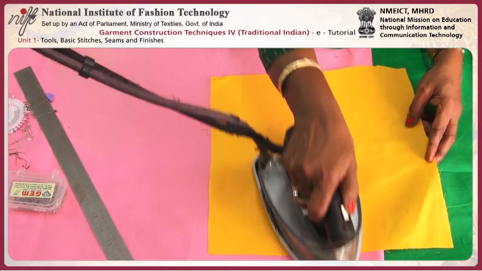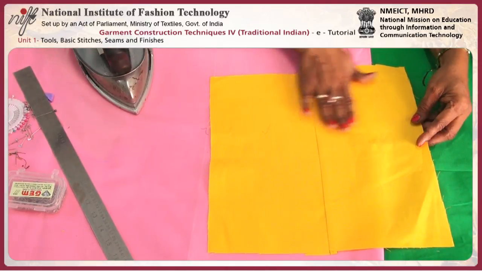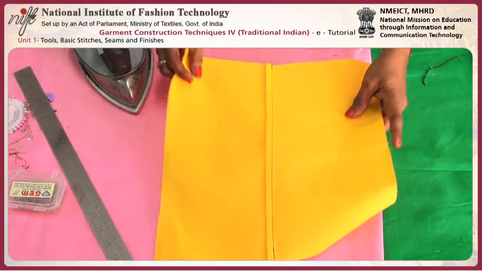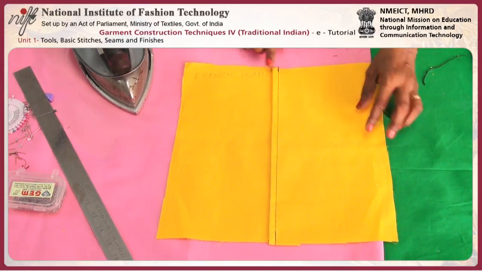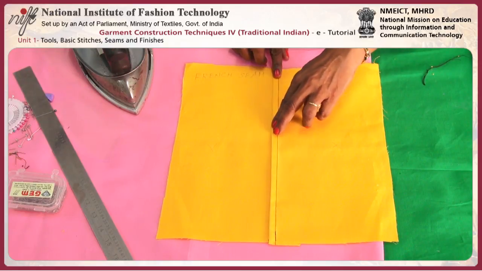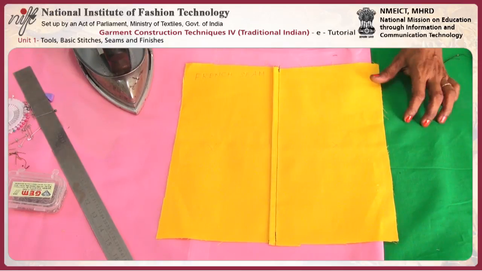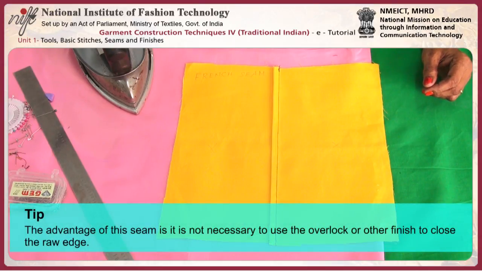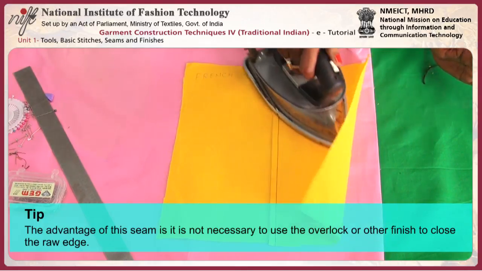Now the right side is clean, smooth, flat. On the wrong side we have a seam. The raw edge is closed within the seam called front seam. The advantage of this seam is that it is not necessary to use an overlock or other finish for closing the raw edge.